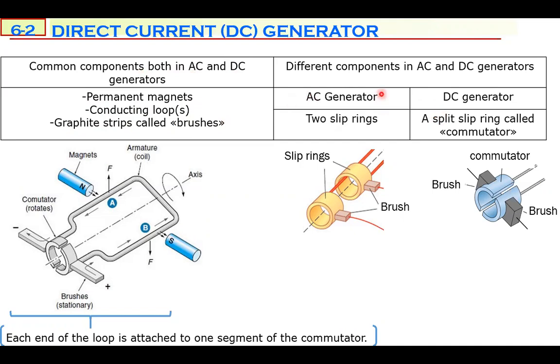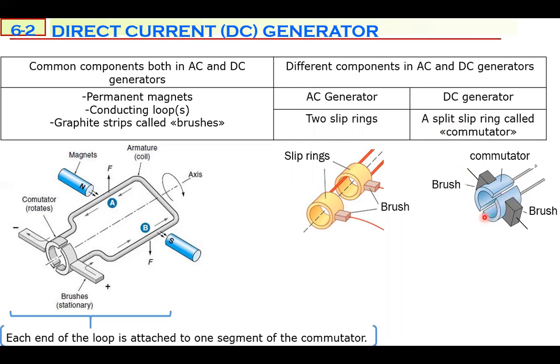In an AC generator, we have two slip rings. Each ring is attached to one end. But in a DC generator, we don't have two slip rings. We have a single ring, but divided into two, which is called a split slip ring, or commutator. There are two half segments.